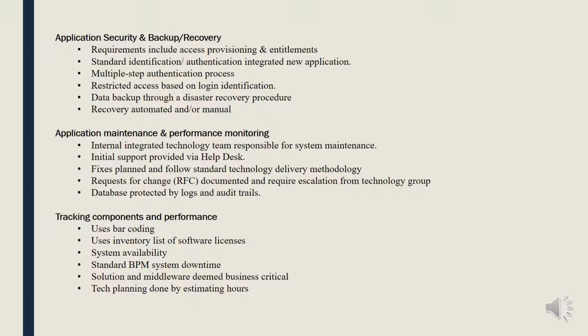The solution and middleware are deemed business critical and should be given high priority during recovery after an outage or failure. And tech planning is done by estimating the hours required to develop each IT project as part of investment spending projects, and these projects are usually capitalized.